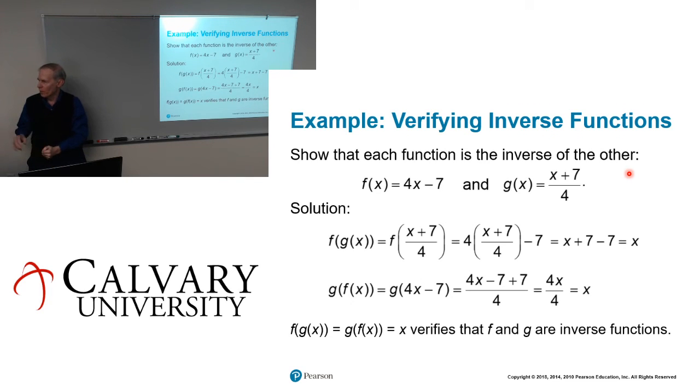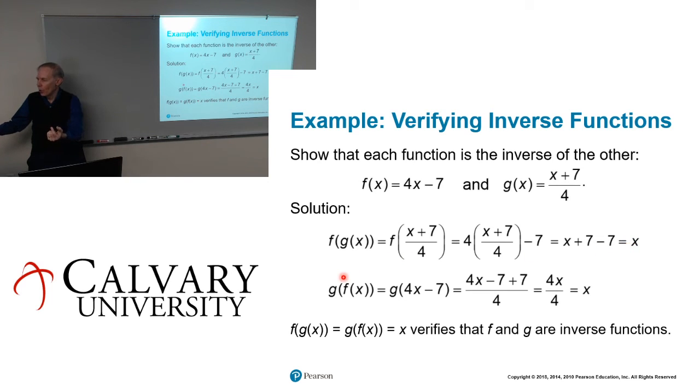So here's an example. Look at this function, f of x equals 4x minus 7. Look at this function, x plus 7 divided by 4. If you do, just as we did a few moments ago, f of g of x, everything simplifies out and you get x.